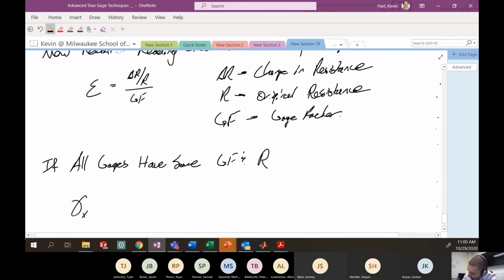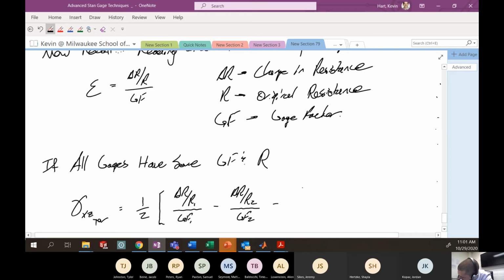Then this shear strain that comes from torsion is going to be 1/2 times strain gauge number 1, which is delta R on R1 divided by GF1, minus delta R on R2 divided by GF2, minus delta R on R3 divided by GF3, plus delta R on R4 divided by GF4.